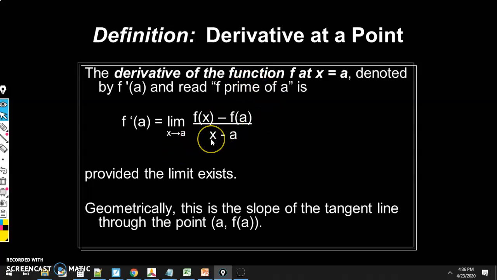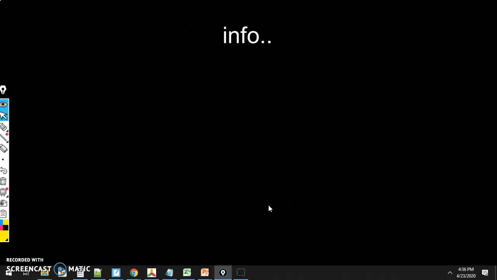That was a poor example, but anyhow, it's the x variable there as that approaches 0. So geometrically, it's the slope of the tangent line. The instantaneous rate of change, slope of a tangent line, derivative: those are all synonyms. You want to get that terminology down pat in your brain.